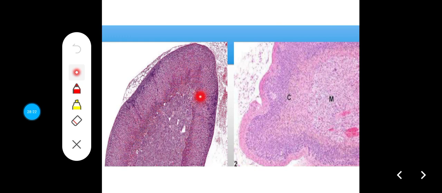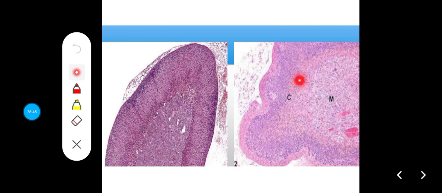See the difference in staining? Same thing here. The capsule, the zona glomerulosa, the zona fasciculata, and then the zona reticularis.